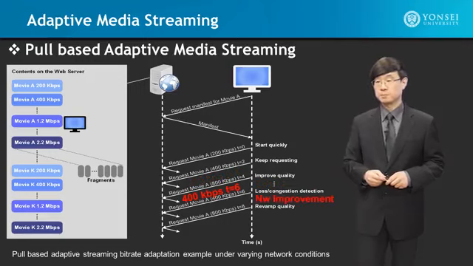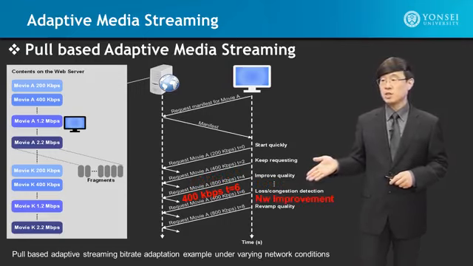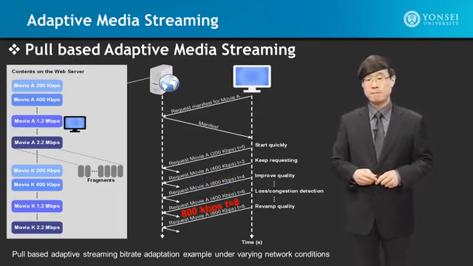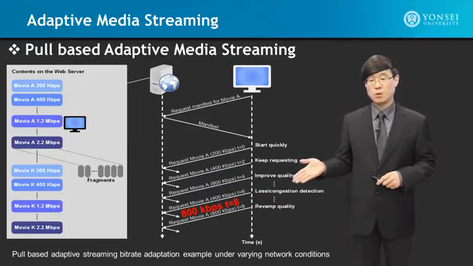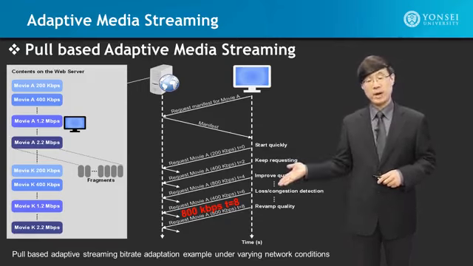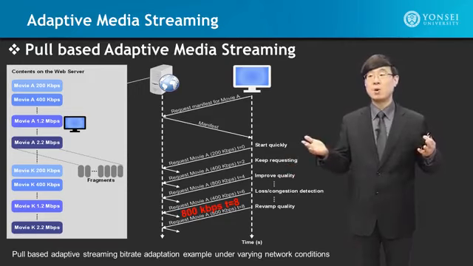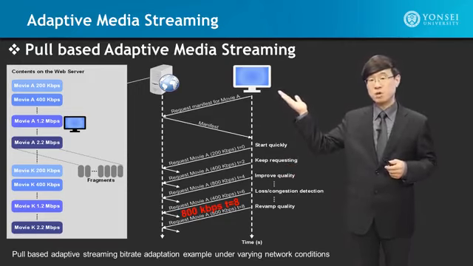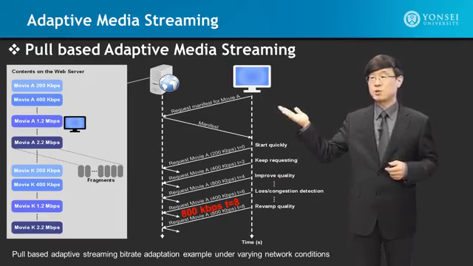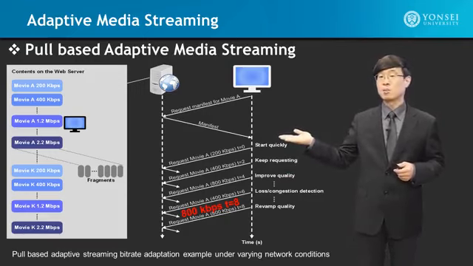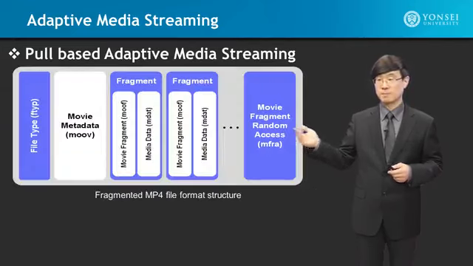Then the network conditions improve, and it goes back to the higher rate again, and requests this at 8 seconds into the video service. This is how we get this range. And this is how adaptive media streaming is done. And as you can see, it is based on the pull mechanism. What is requested is what is gotten.